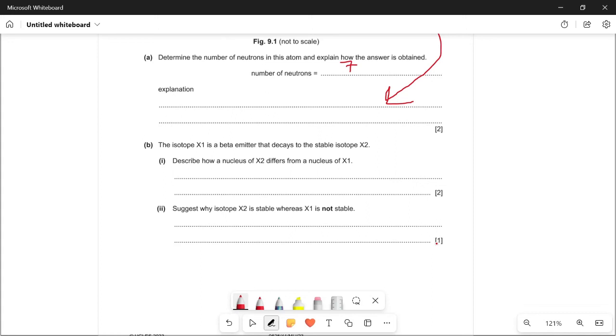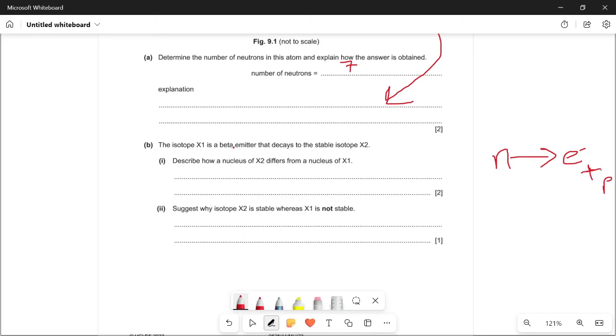B. The isotope X1 is a beta emitter that decays to a stable isotope X2. Describe how the nucleus of X2 differs from the nucleus of X1. So we know that in a beta emission, a neutron would become an electron and a proton.